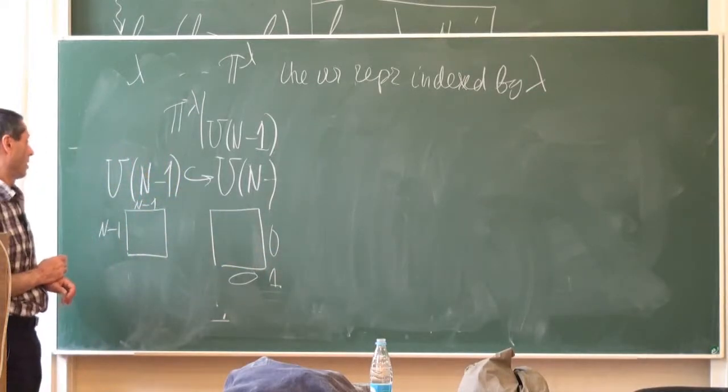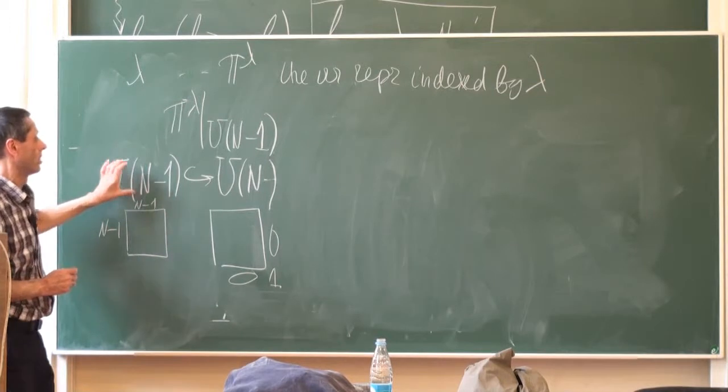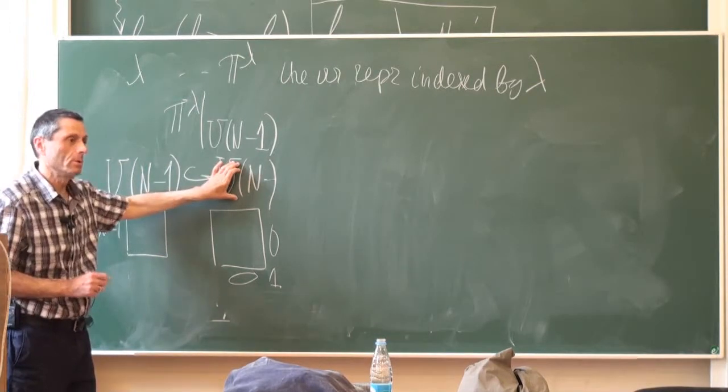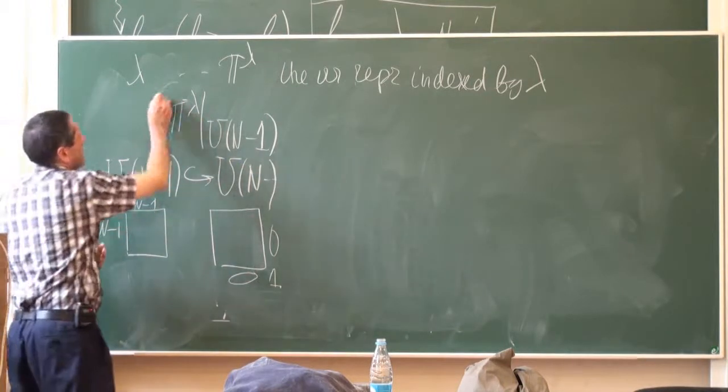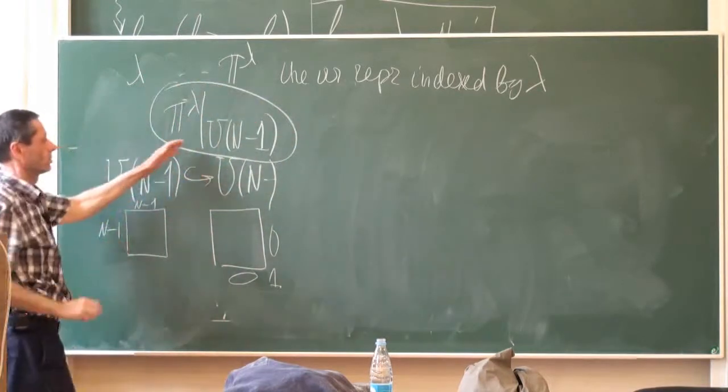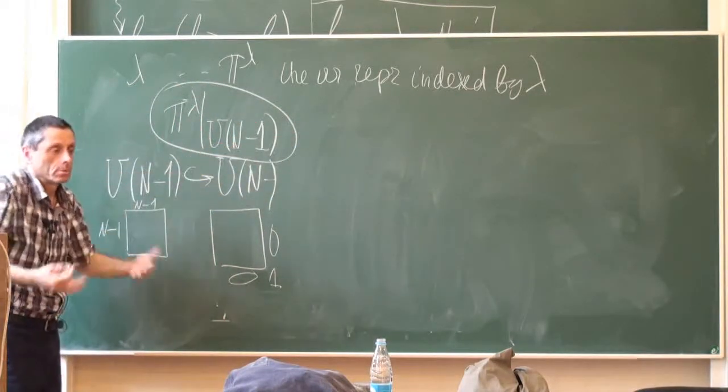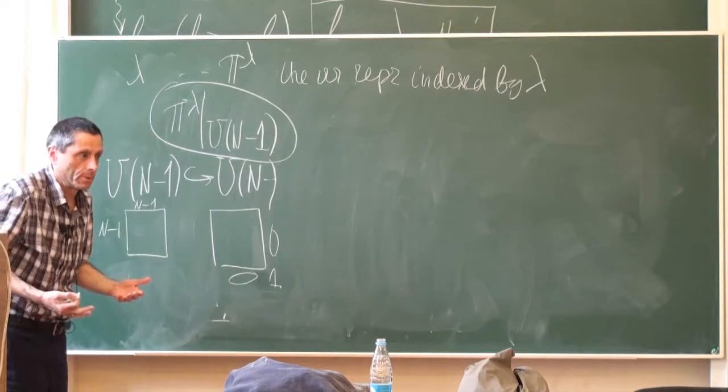One can say that this is the subgroup in this group fixing the last coordinate basis vector. Okay. So given a representation, we can restrict it to this subgroup, and we get some reducible representation.